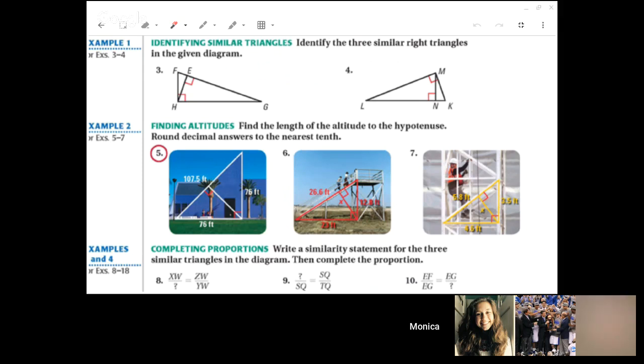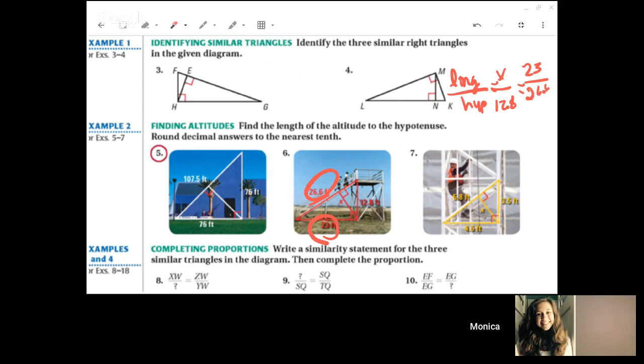So if you set up a proportion and said long side over hypotenuse, then you could have X over 12.8 equals the long side of the big triangle, which is 23, over the hypotenuse of the big triangle, which is 26.6. Does that help, Isabel?